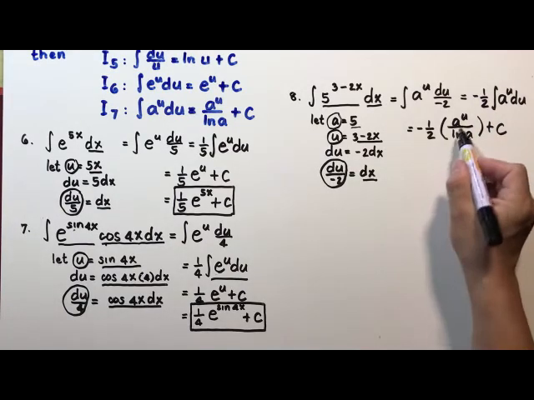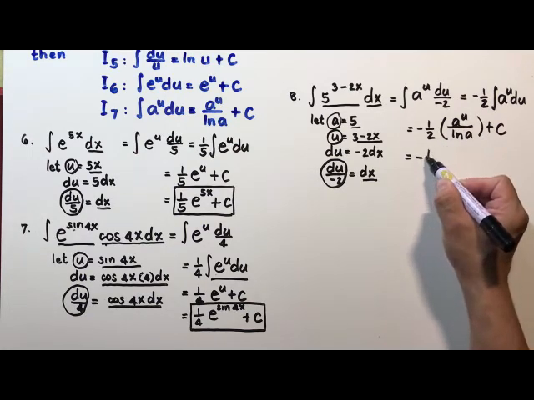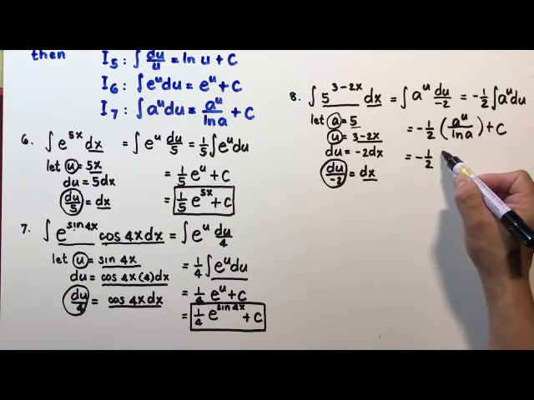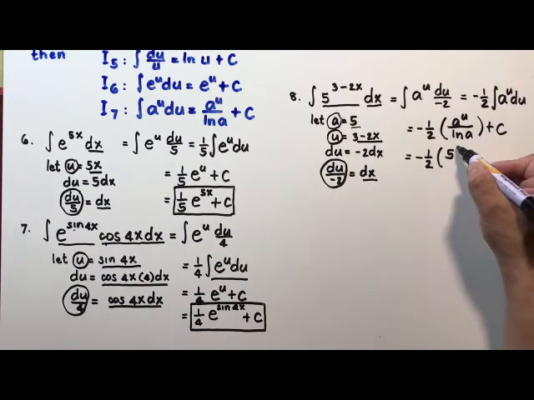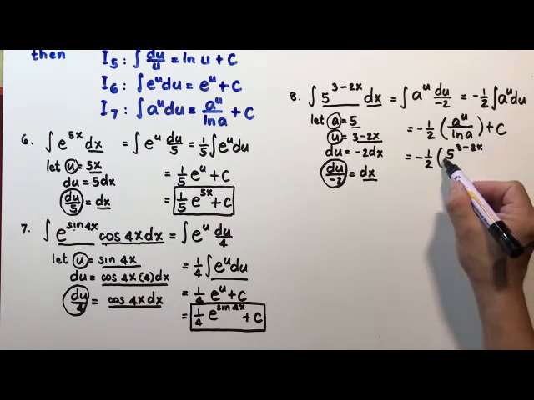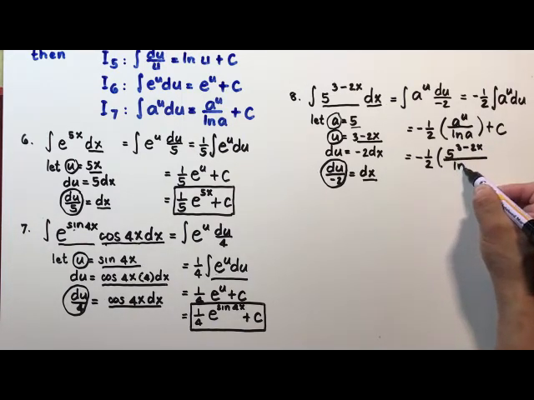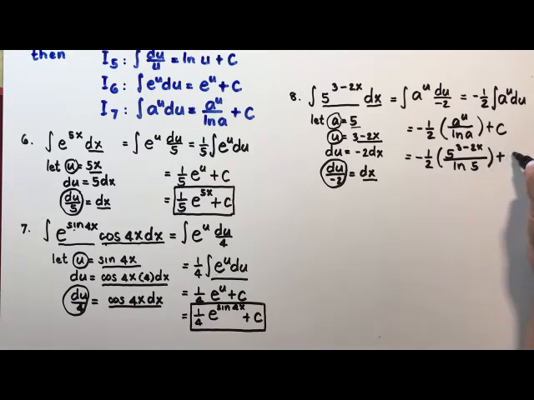So going back to the values of a and u, we have here minus 1/2 times a, which is 5, and our u, which is 3 minus 2x, divided by ln, the natural log of 5, and then plus c.